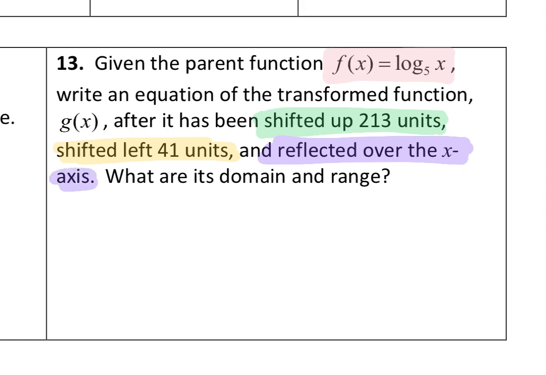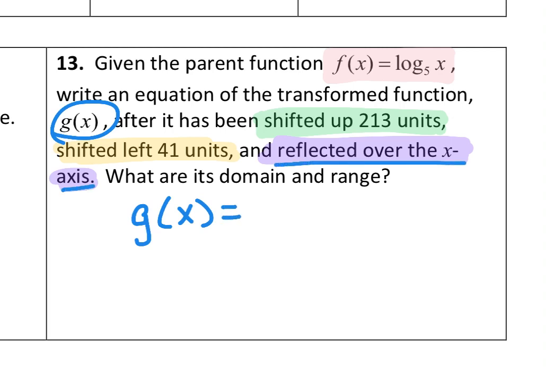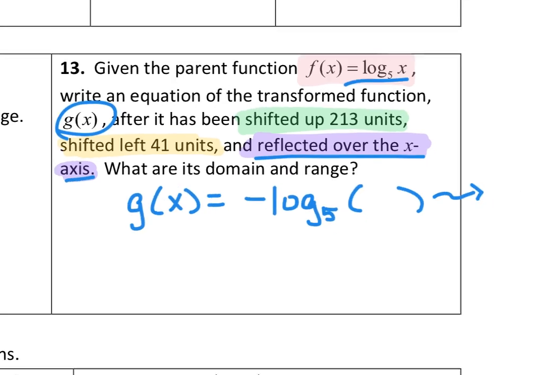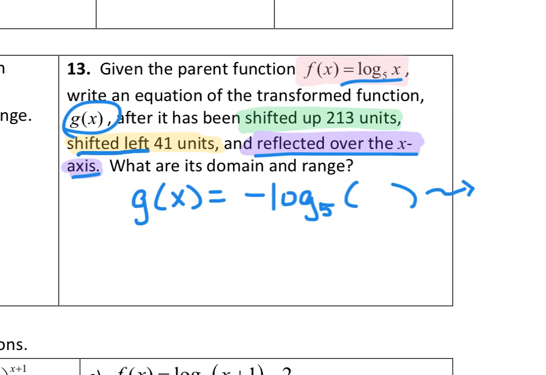And so when I go to write my answer for this, and it asks us to use g of x. So your transformed function equation is g of x equals, I'm going to start with the reflection over the x-axis. That's going to be negative, and then grab that log base 5. And then you're going to put something in parentheses and something outside of parentheses. And so remember that the left-right shift is the one that's inside.